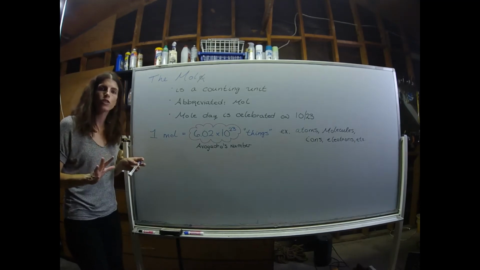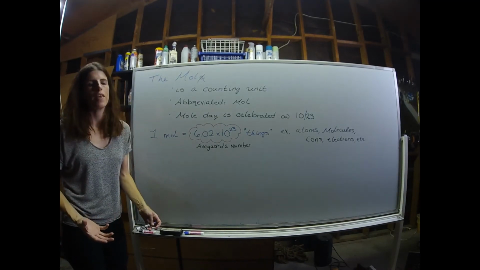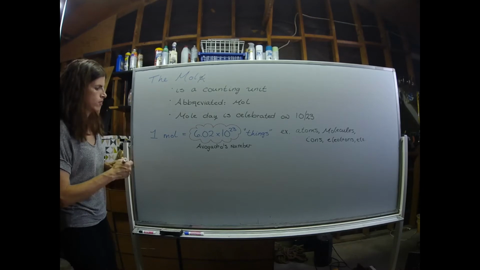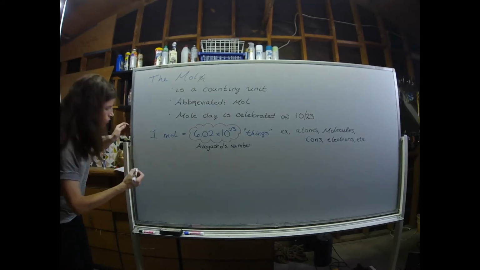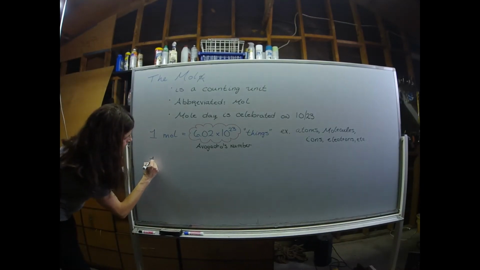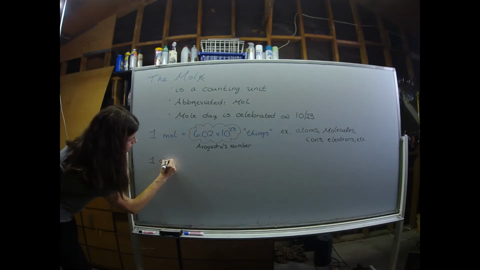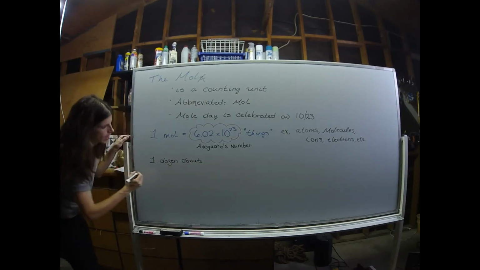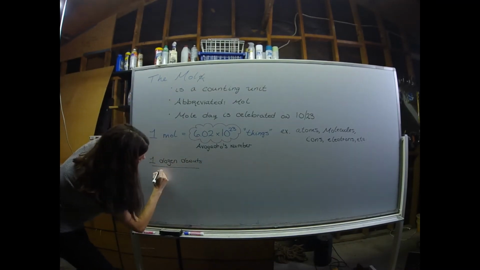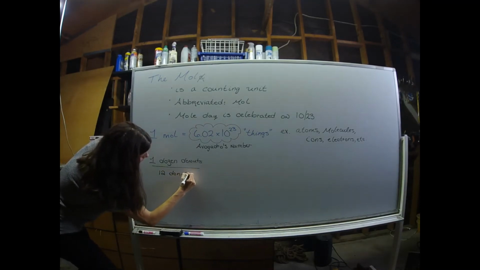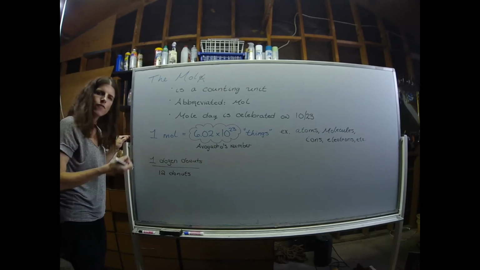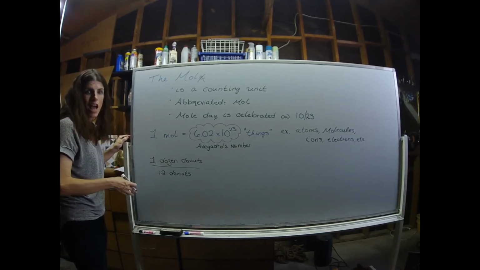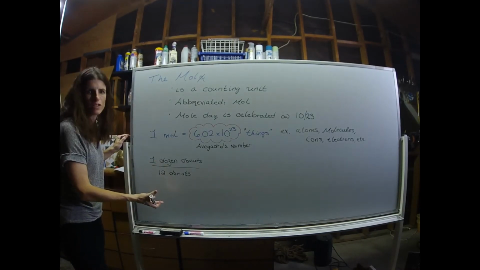So there's a counting unit that we're all super familiar with. That's a dozen. So you might say you want donuts, right? 1 dozen donuts has 12 donuts. So by knowing the definition of my counting unit, I can set up a conversion factor.